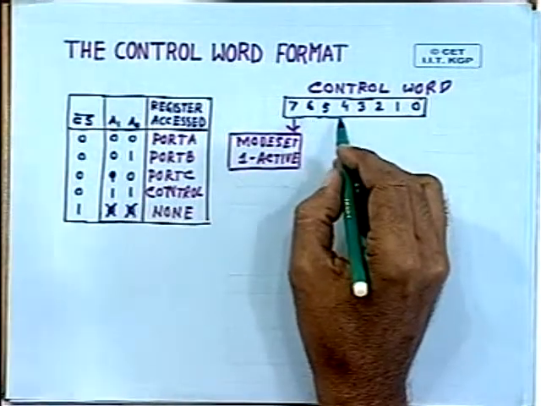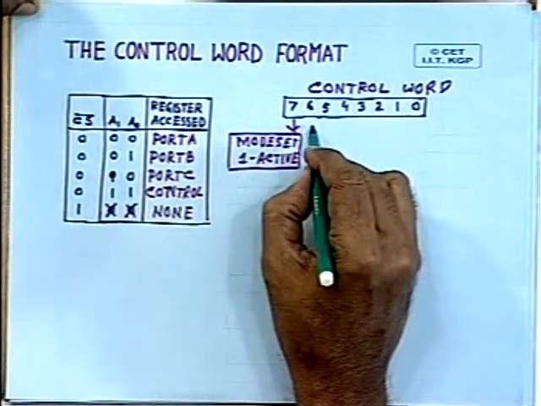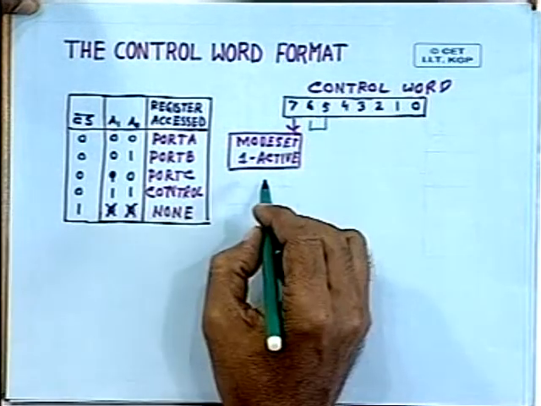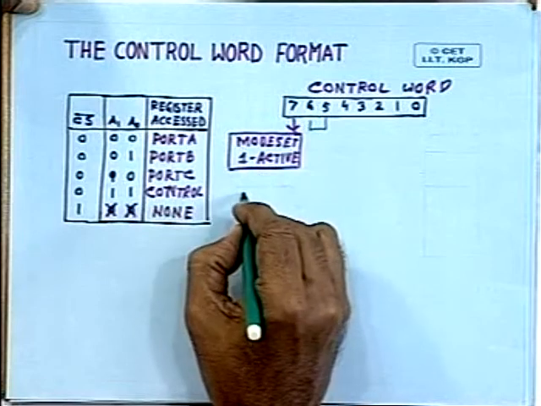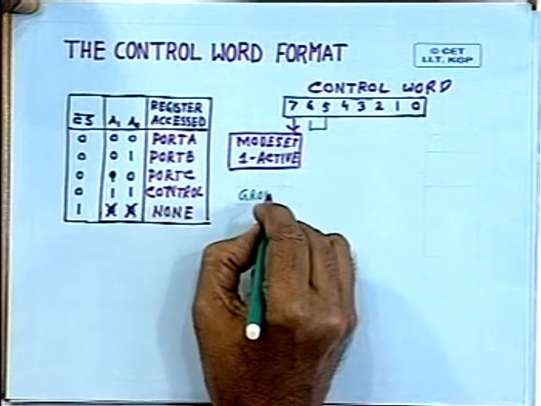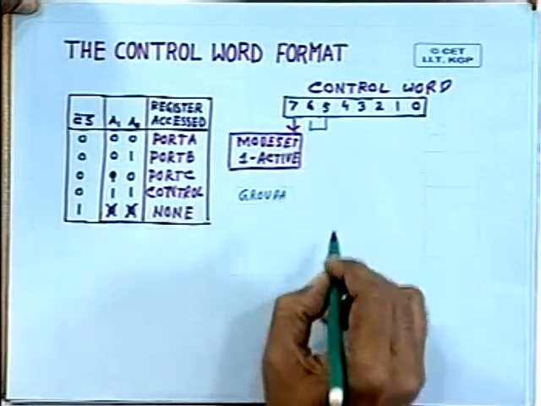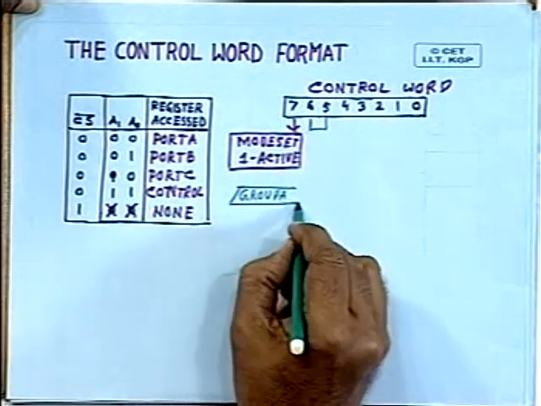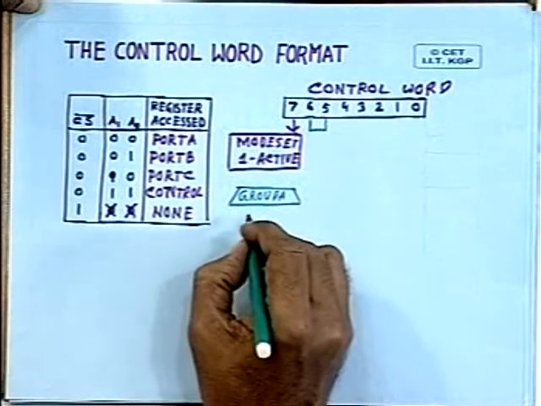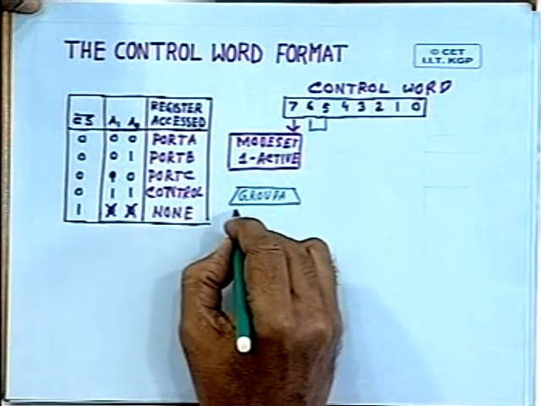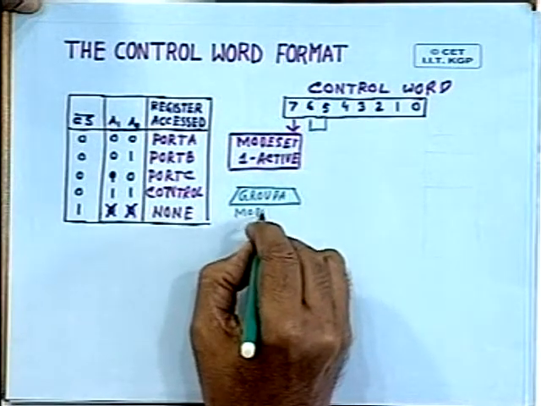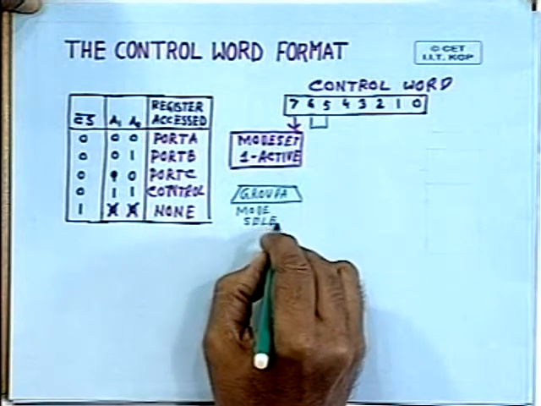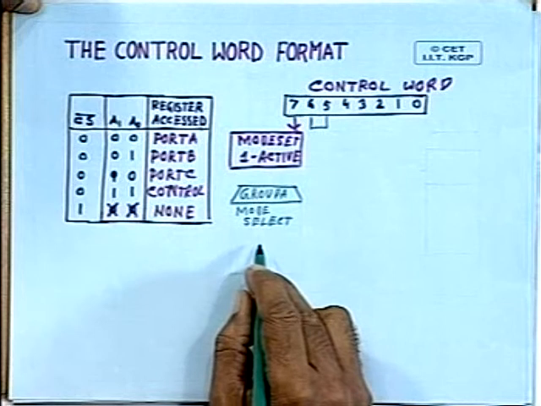Then bits 6 and 5 are used to control the operation of group A. Group A operations are controlled with the help of these two bits, which are the mode select bits. The mode of operation of group A devices is selected here.